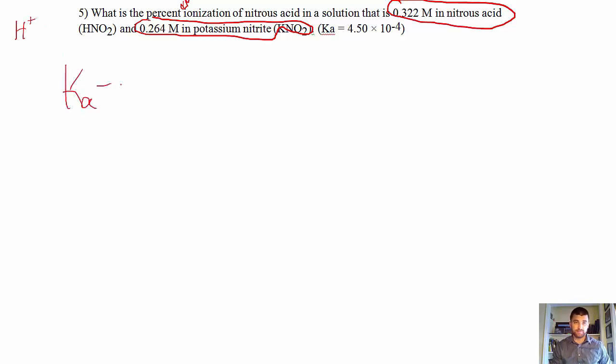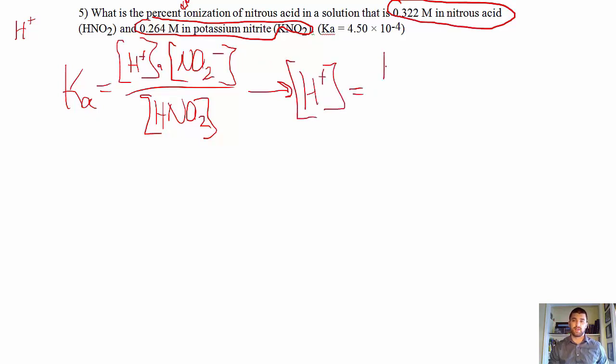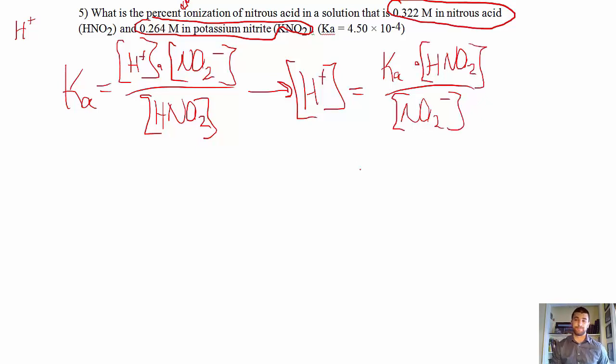So again, I'm going to use the Ka equals the H plus times the NO2 minus all over the HNO2. All right, and molar concentrations for all of that. And again, I got to find H plus by itself, so I do some algebra. I get H plus concentration is going to equal the Ka times the HNO2 all over the NO2 minus concentration. So now it's plug and chug.